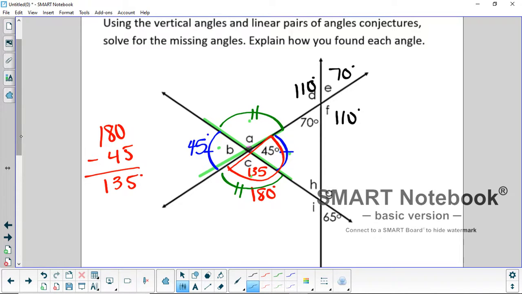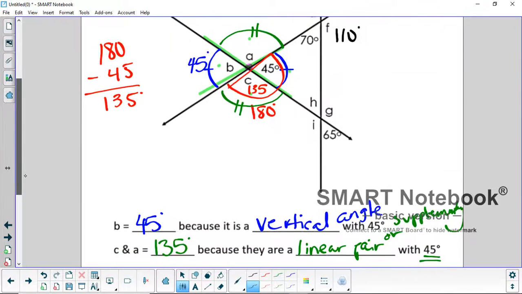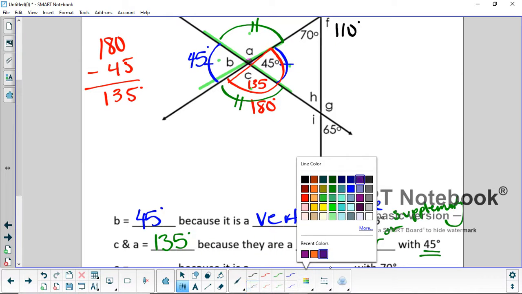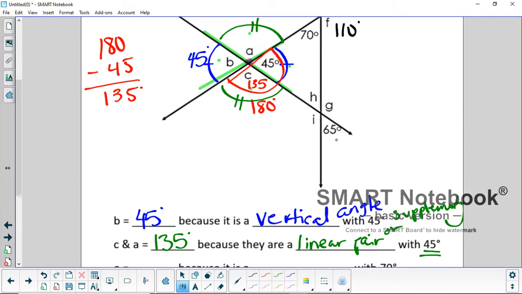Okay, now I would like you to try solving for G, H, and I. All right, again, a vertical angle with the 65 would be angle H. So this one would also be 65 degrees. H and G are a linear pair. They make that half protractor, or that half circle that looks like a protractor.